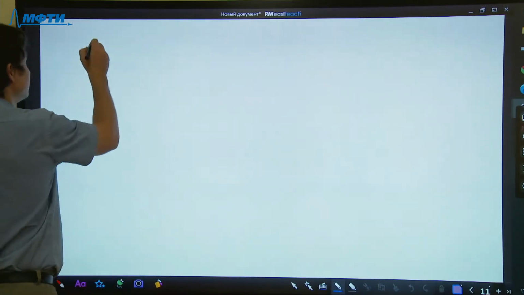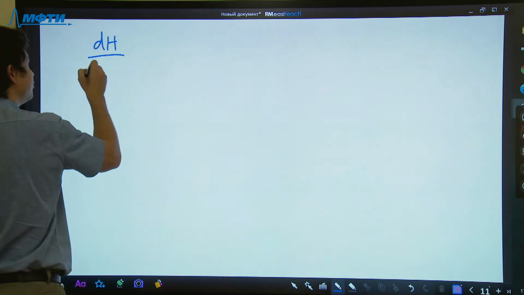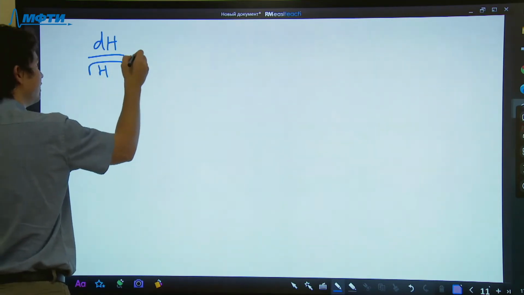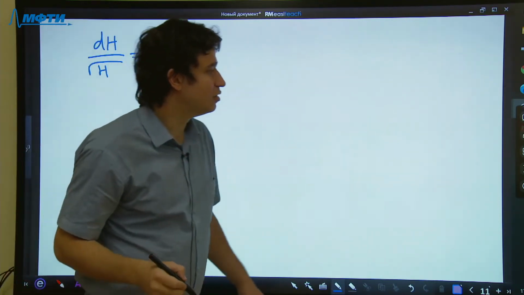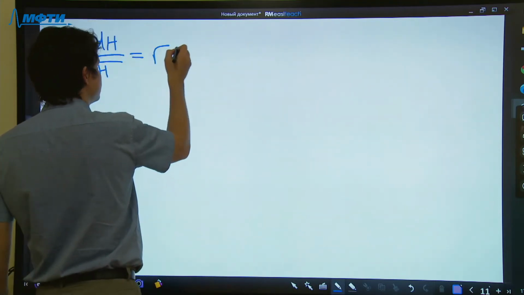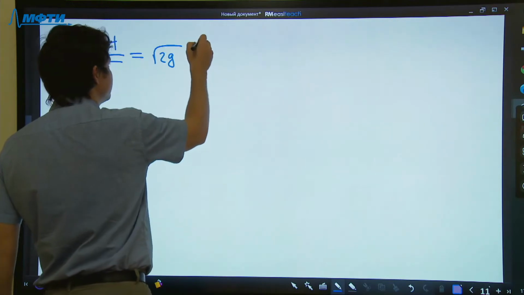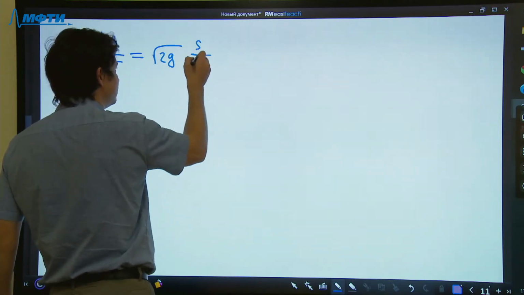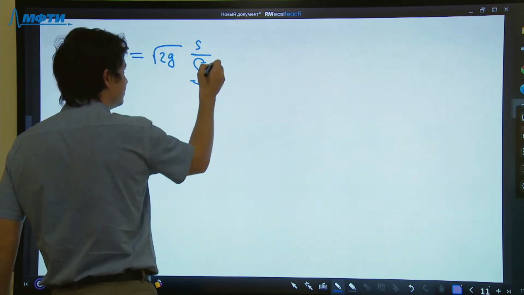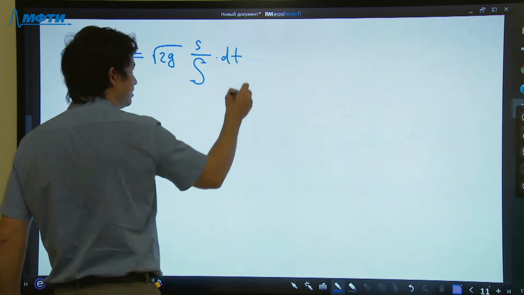So I can write that dh over square root of h equals square root of 2g times the ratio of small s to capital S multiplied by dt.